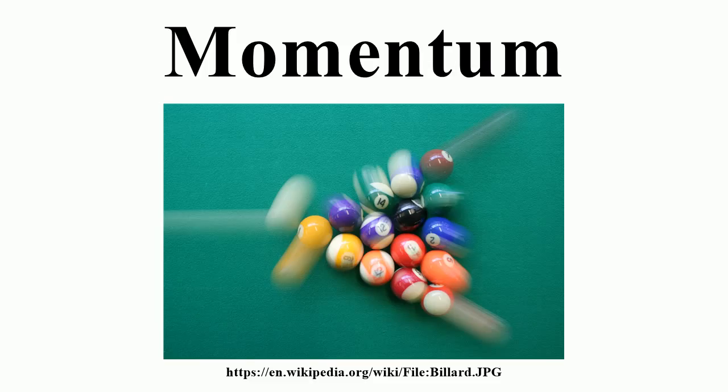Conservation. In a closed system, the total momentum is constant. This fact, known as the law of conservation of momentum, is implied by Newton's laws of motion. Suppose, for example, that two particles interact. Because of the third law, the forces between them are equal and opposite.